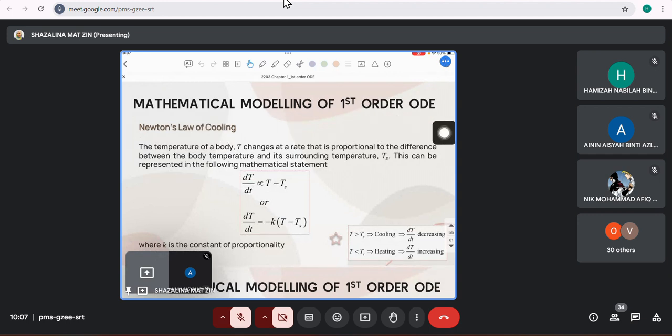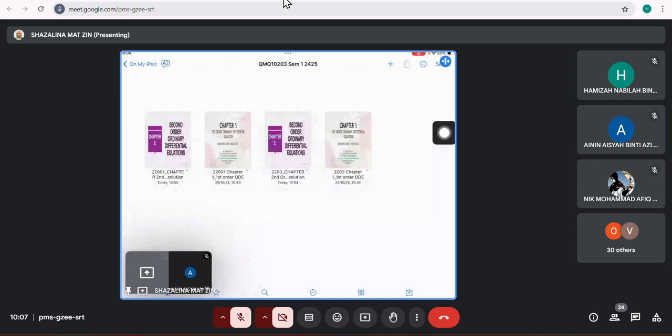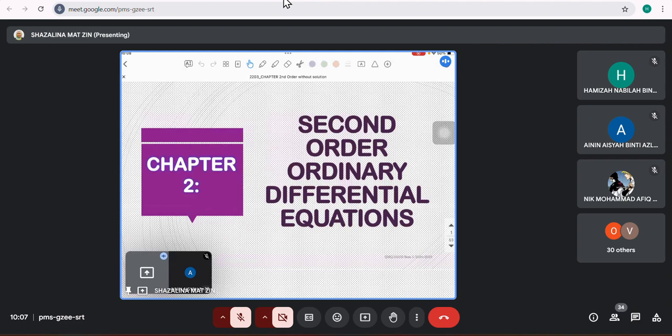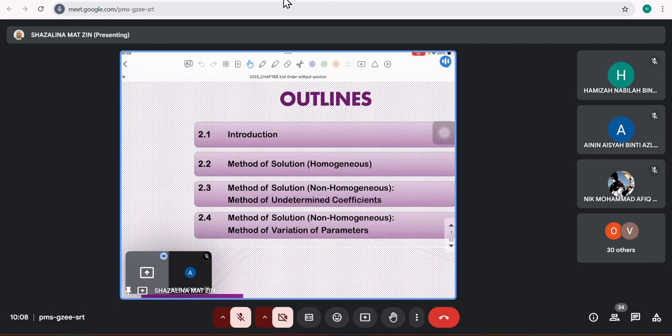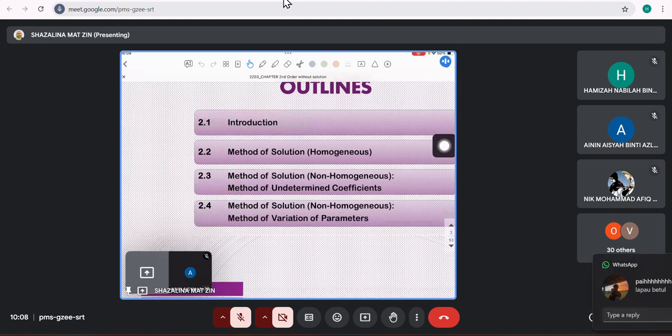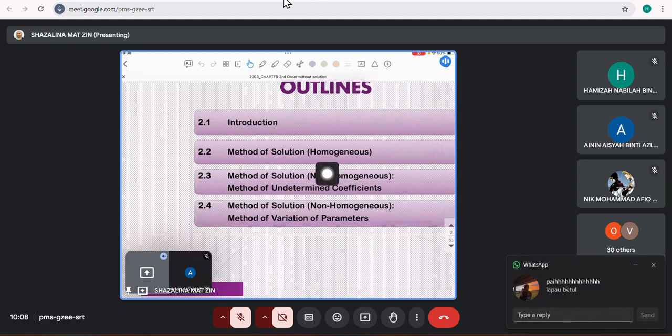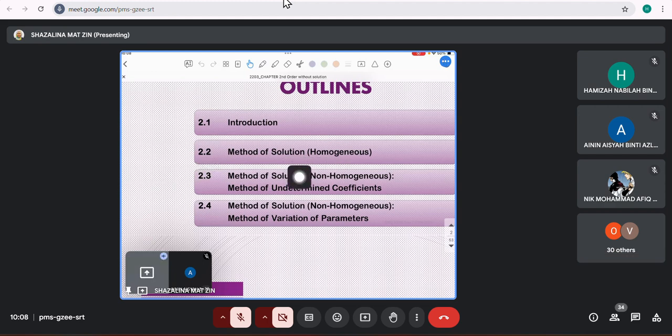a.m. So, for today, we are going to continue with second order ordinary differential equation. Okay, this is the outline. Kita ada 1, 2, 3, 4 subtopic, which include 3 methods of solution. Okay, the first one is method of solution for homogeneous equation.